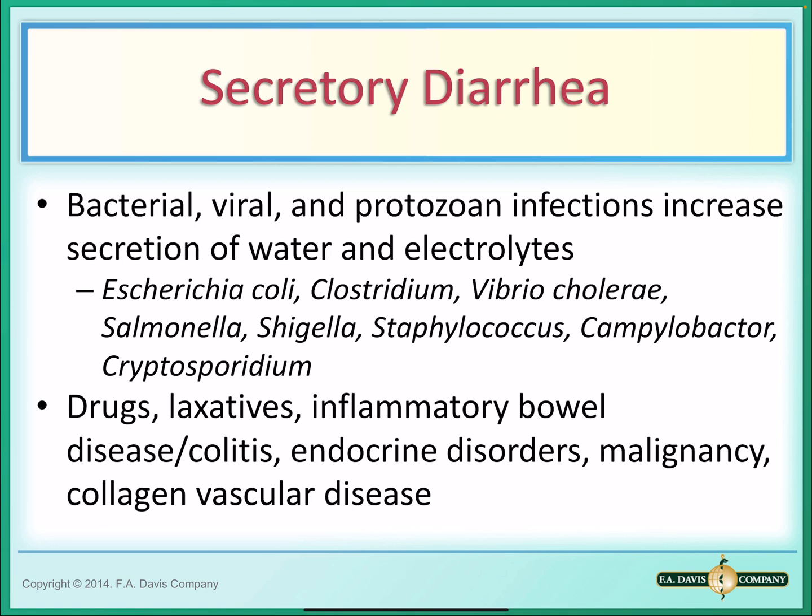Other causes of secretory diarrhea can be drugs, stimulant laxatives, hormones, inflammatory bowel disease like Crohn's disease, ulcerative colitis, lymphocytic colitis, diverticulitis, endocrine disorders such as hyperthyroidism, neoplasms, and collagen vascular diseases.